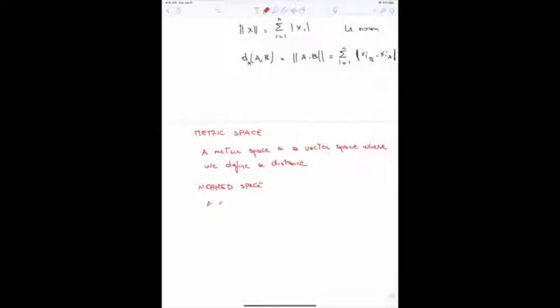A norm space is a vector space where we define a norm.